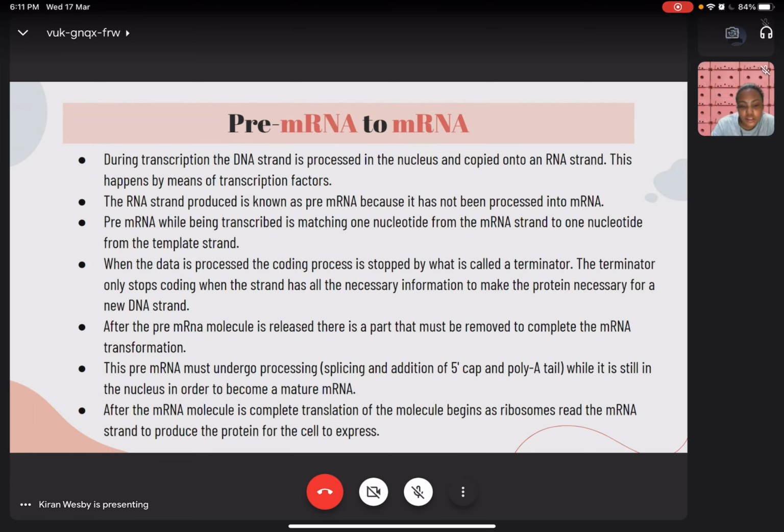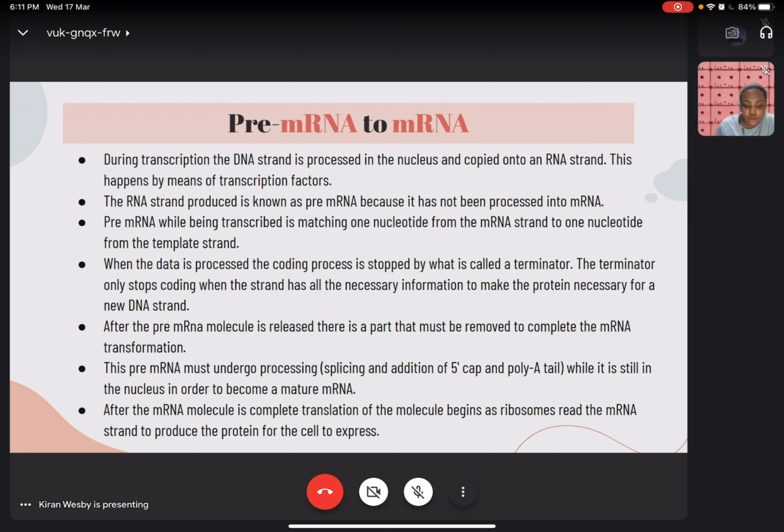Your poly A tail is a string of adenine nucleotides at the end of the chain. Those are added by another enzyme. The addition of the tail stabilizes your new mature mRNA strand, but it's not quite finished yet.